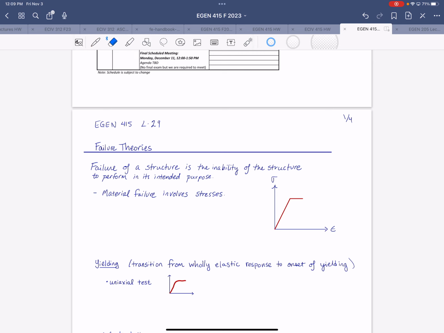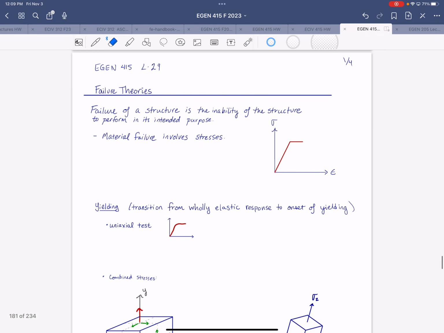Okay. All right, so launching into failure theories. Of course, when we talk about failure, there are different limit states that we speak to, right? So we determine a certain limit state that we want our structure or material to reach before we consider it to have failed.